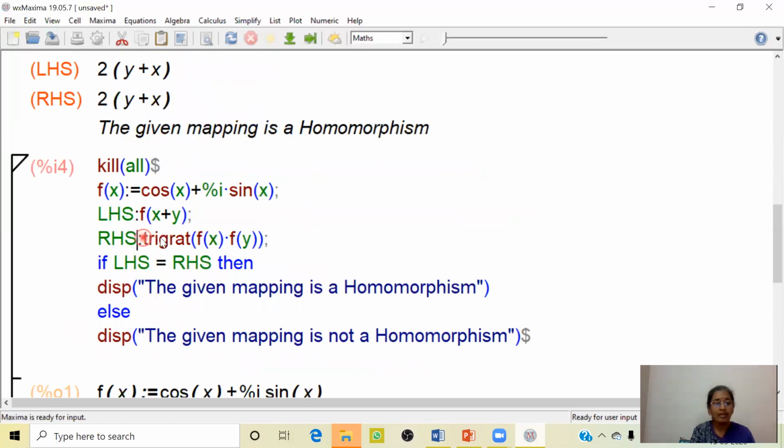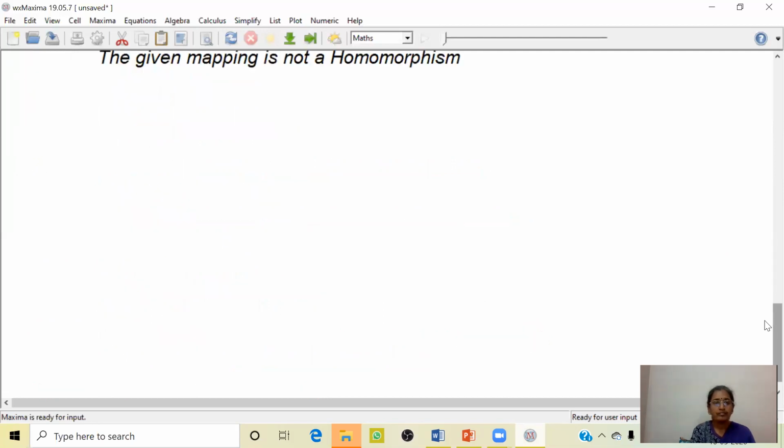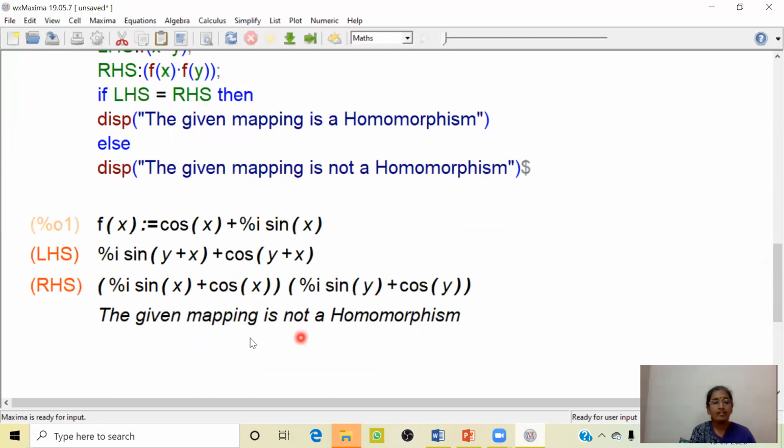Suppose I remove this trigrat and then execute. See here, this is cos x plus i sin x times cos y plus i sin y; both are not multiplied out and they have been put as they are.